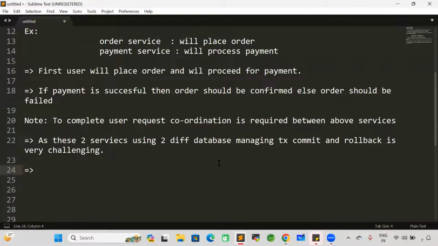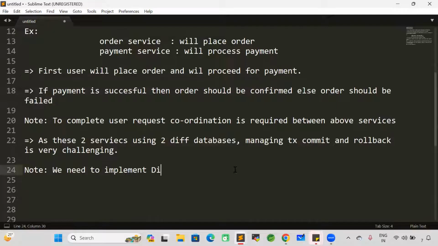So we need to implement distributed transaction to handle this scenario.